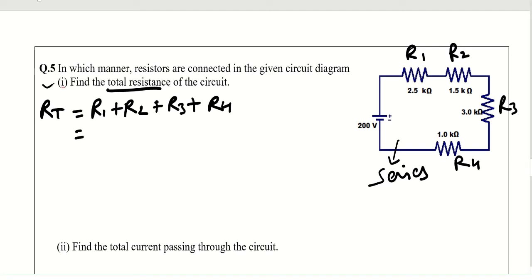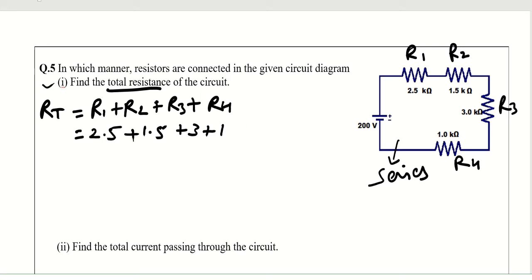Here R1 is 2.5 kilo ohm. First we take it in kilo ohm, and after that we can change it. So this is 2.5 kilo ohm, 1.5 kilo ohm, 3 kilo ohm, and 1 kilo ohm.